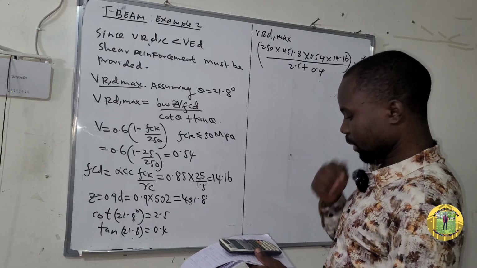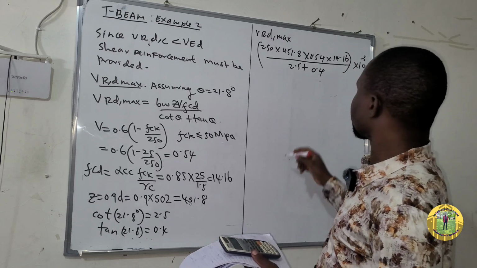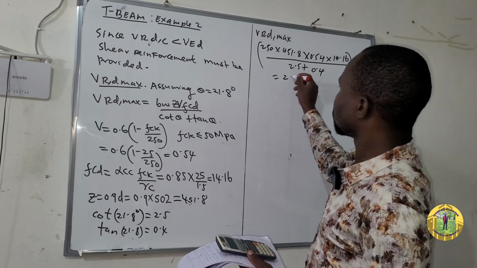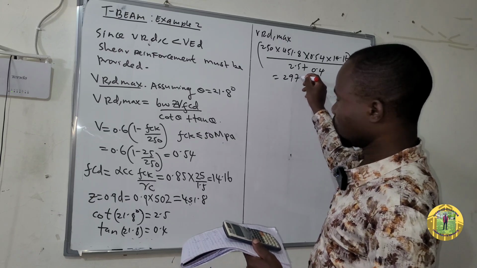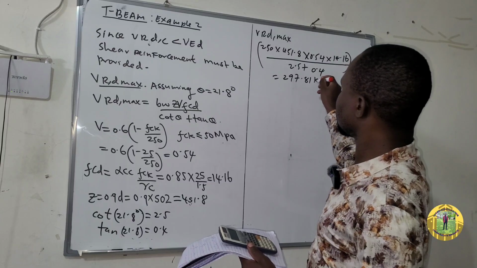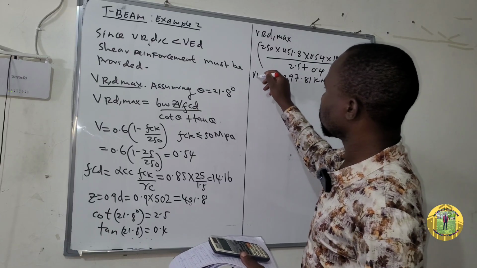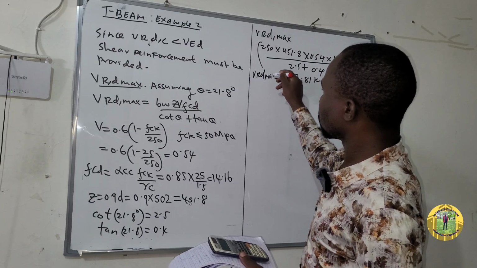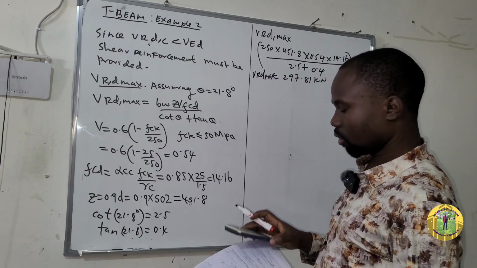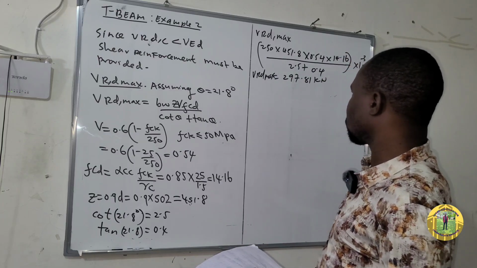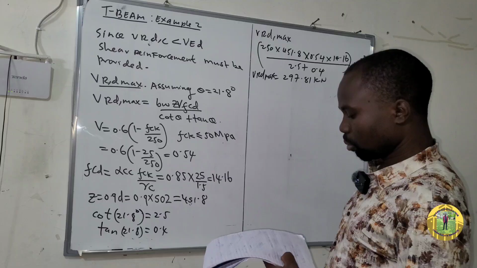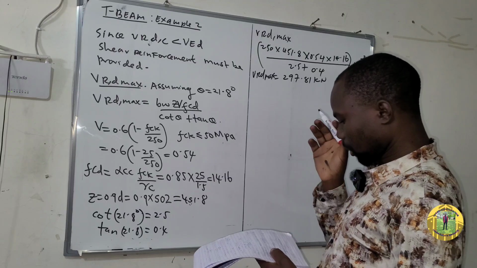So this one is equal to 297.81 kilonewtons. So this is VRD max, which is equal to 297.81 kilonewton.